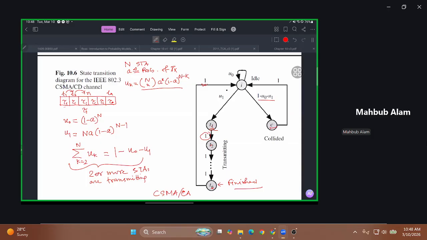If it is CSMA/CA, meaning collision avoidance is the mechanism for a wireless network, then how will the state transition graph change?